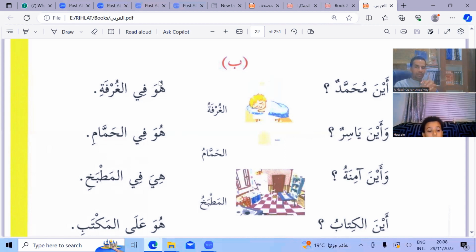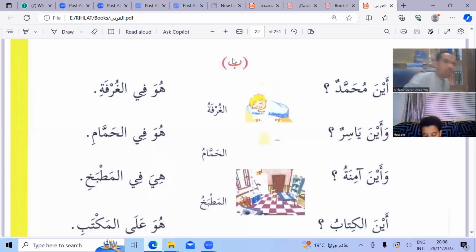Here is a boy and here is a girl. So هو means what in English? It means he, a boy. هي, what does it mean? It means she, right? Yeah.